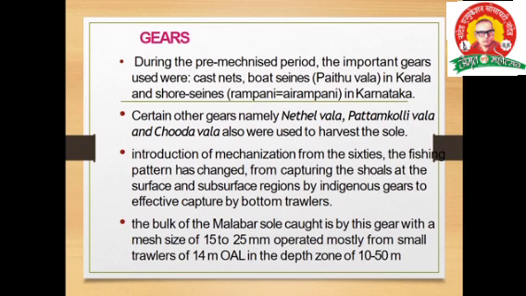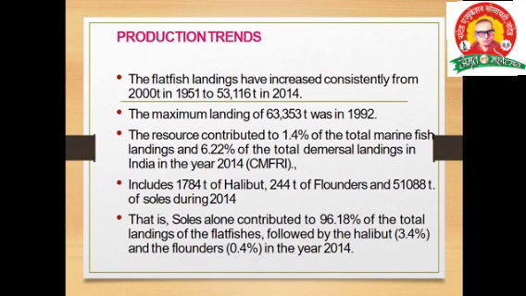Introduction of mechanization from the 60s. The fishing pattern changed to capturing because the generation is fast. At that time the capturing process also changed. Then about the production trends. This is the oldest data.